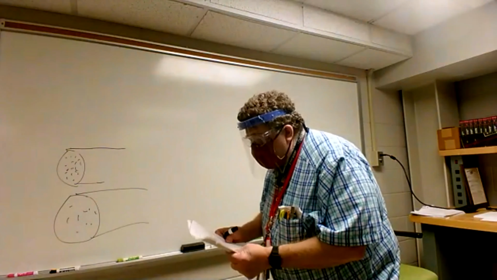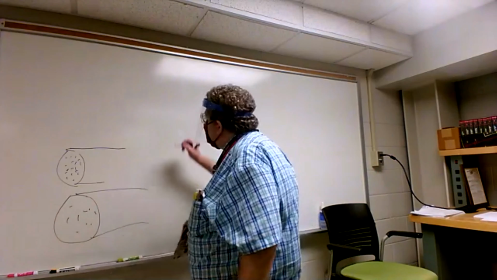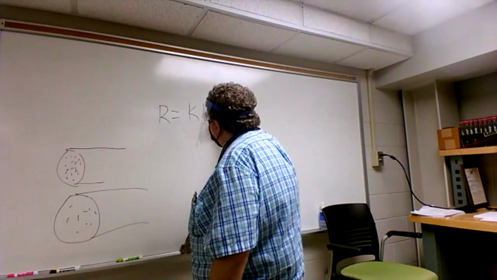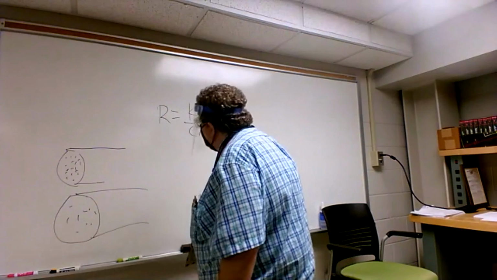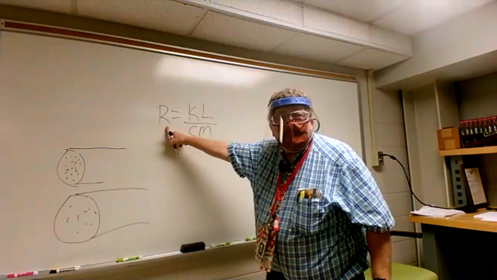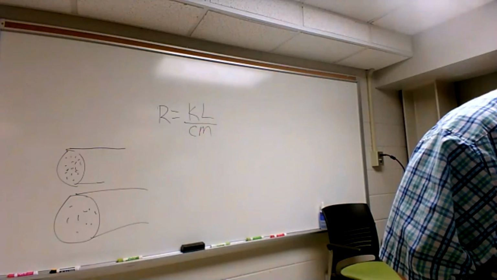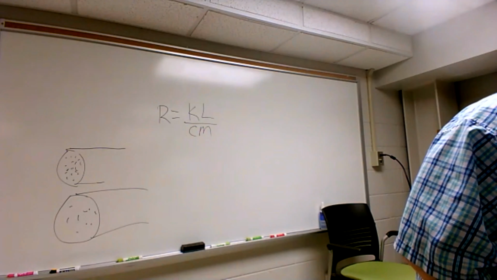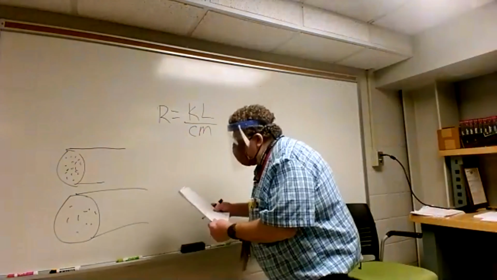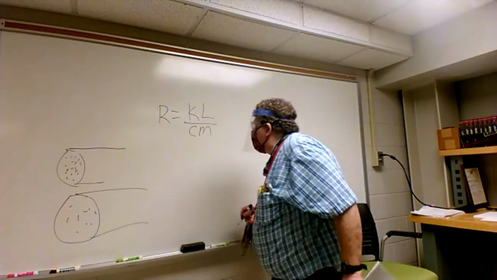Let's put a formula up here that's going to go with that. The resistance R is going to equal the K factor times the length over the cross-sectional area in circular mills. This is the formula we looked at, on page 68. We're saying here that the conductor has 6 ohms in one case.